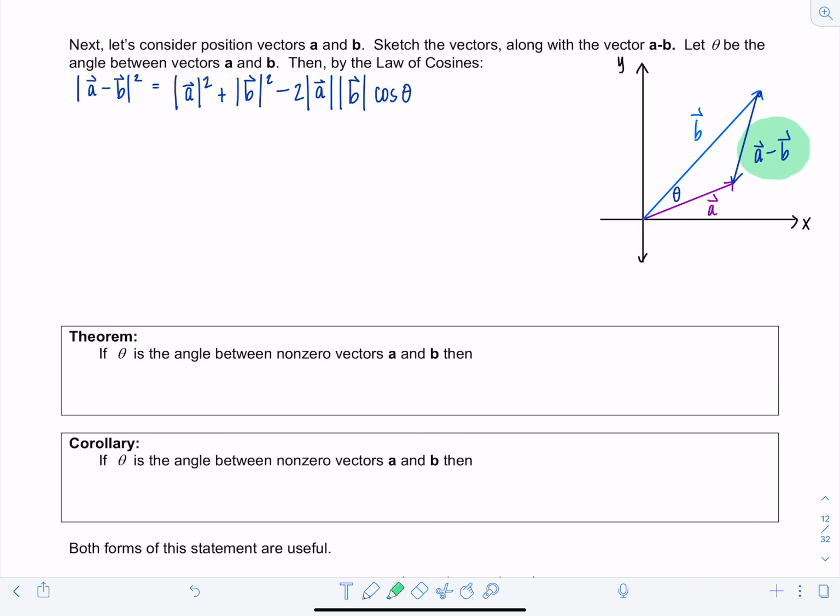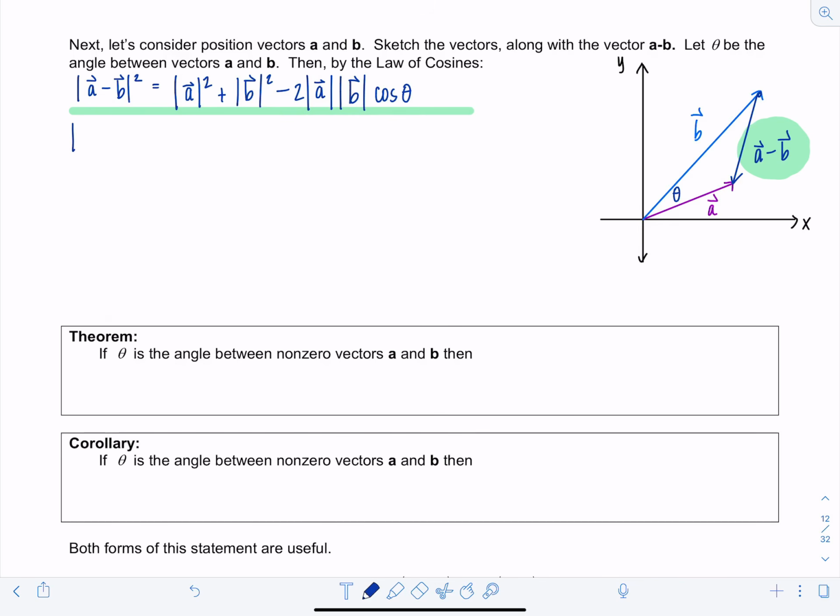Now what I want you to do, we're going to put that on the back burner and focus on something else. Remember I told you in the previous slide about the properties of the dot product to remember that the magnitude of a vector squared is equal to it dotted with itself.